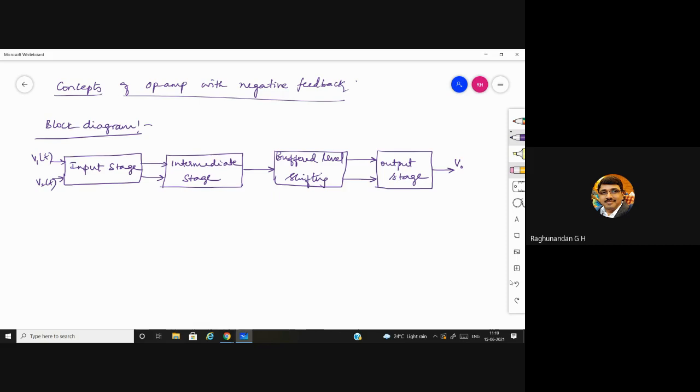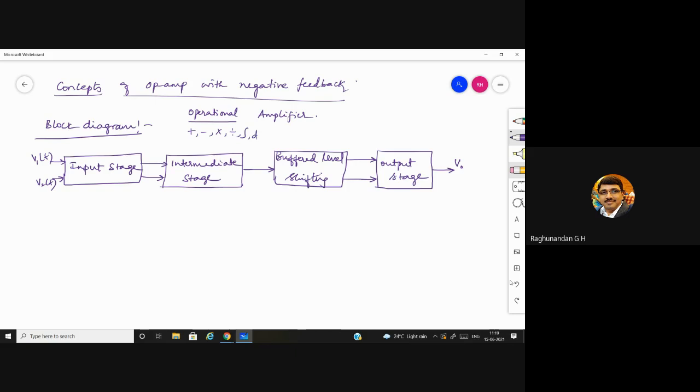So basically, operational amplifier, in short, we call it op amp. Operational indicates the different mathematical operations which we are having. It might be addition, subtraction, multiplication, division, even integration, differentiation, all those things.